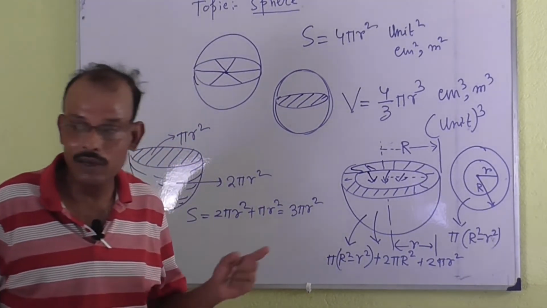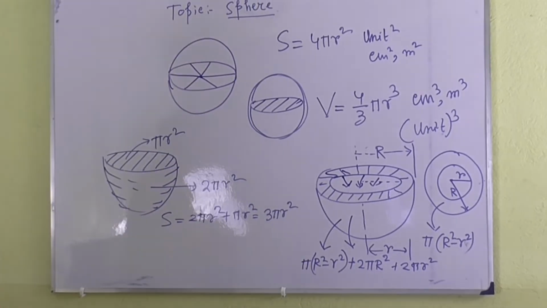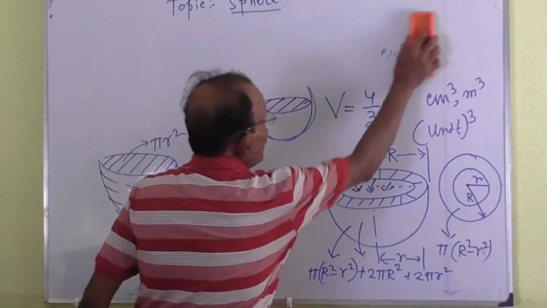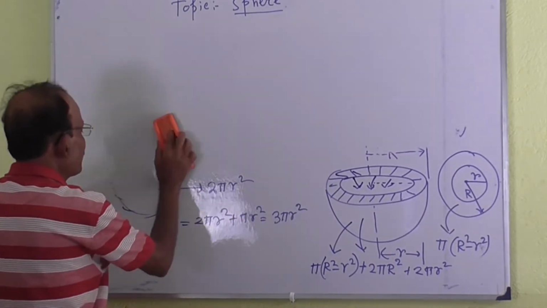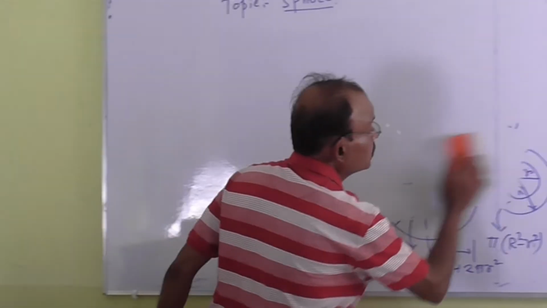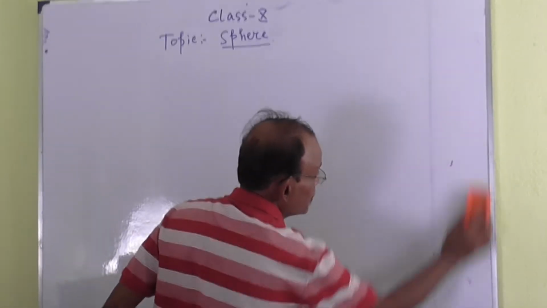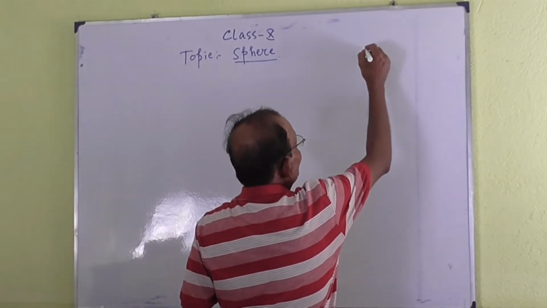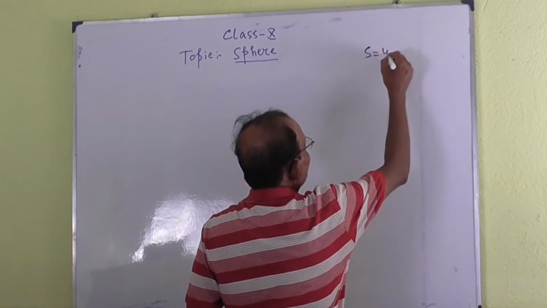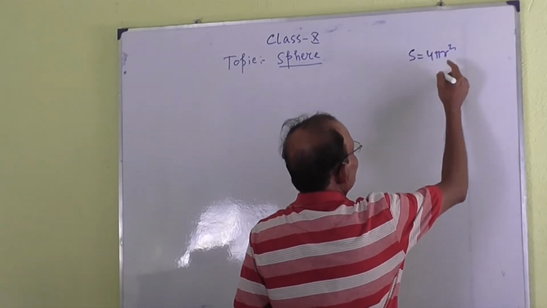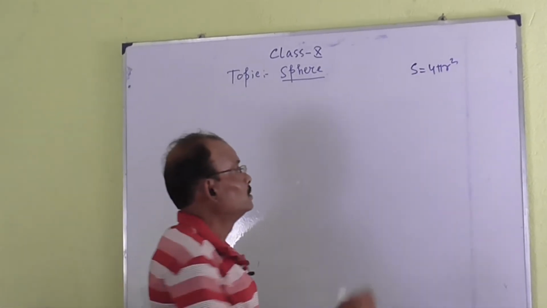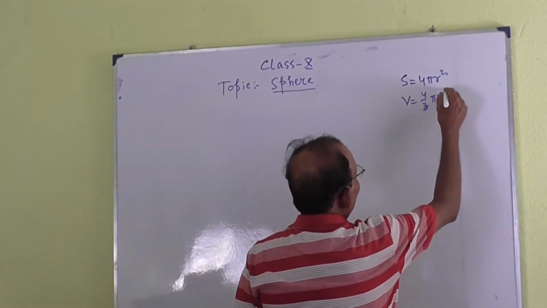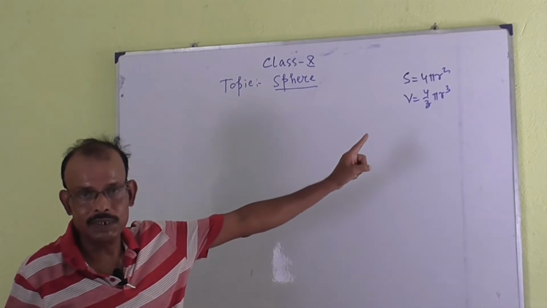Now, I will give some examples. Okay? So, I will write on the right side of the board. The formulas: surface area is 4 pi r square, unit will be square unit, and volume is 4 by 3 pi r cube. Unit will be unit cube, that means centimeter cube, meter cube.